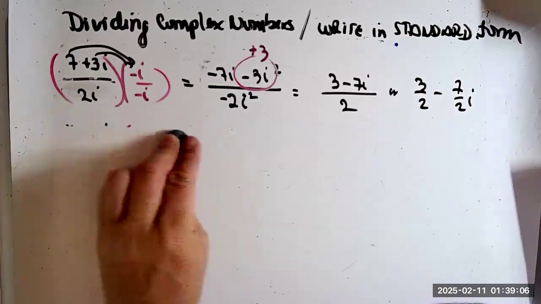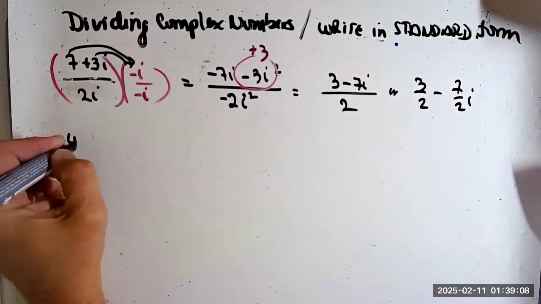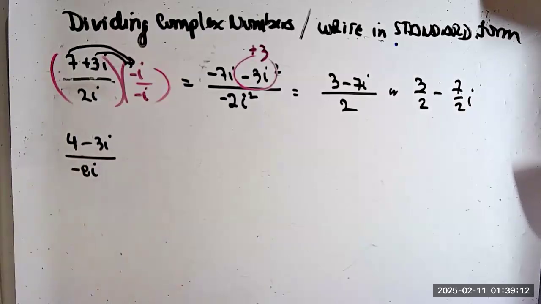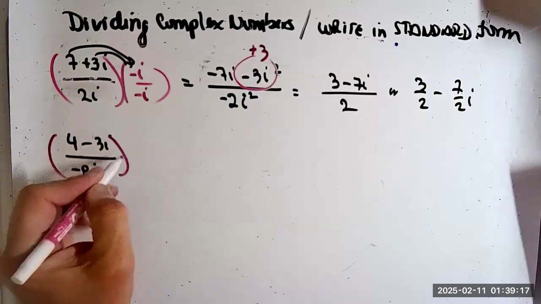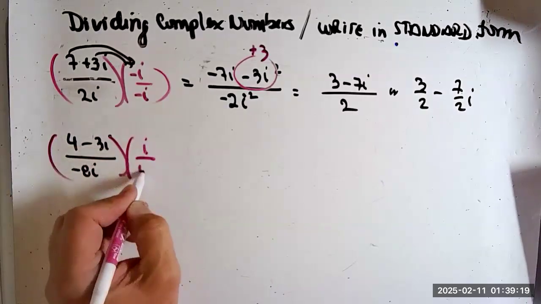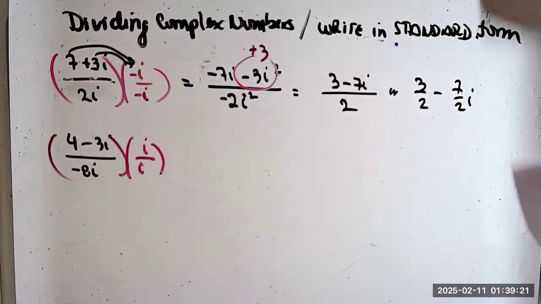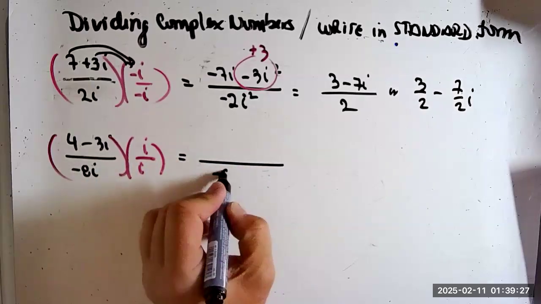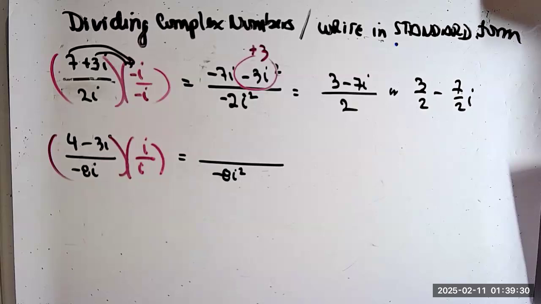Might as well do this one. We have something like this. Just multiply right away by i over i. The denominator, negative 8i squared.